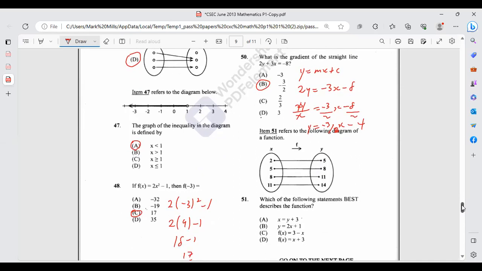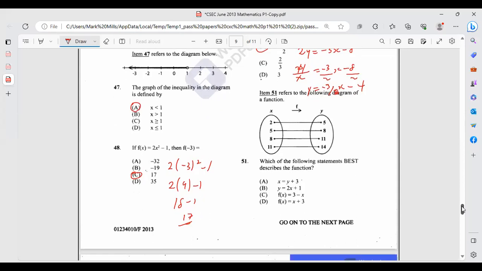(51) 2 will give me 5, 5 will give me 8, 8 will give me 11, 11 will give me 14. Which one would have been best suited for this? Sir, D, x plus 3. Now, when I say f(x), f(x) is same as y.